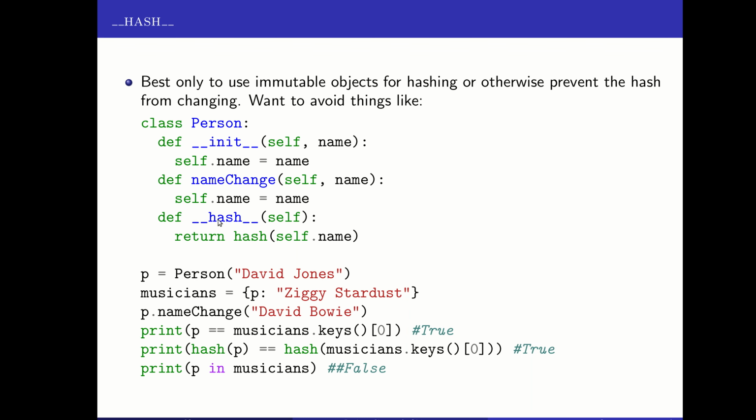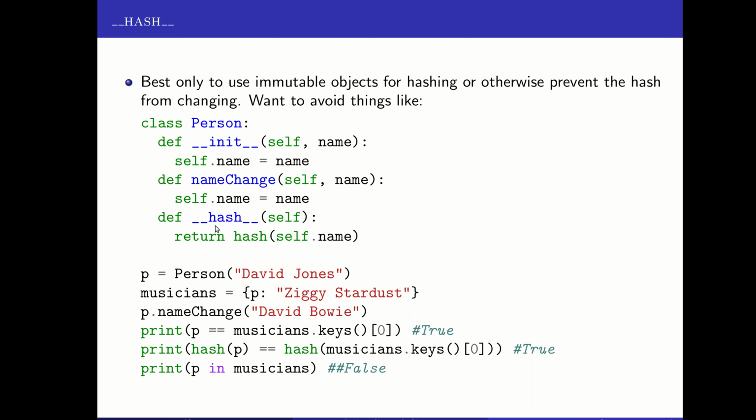So the better way to use hashing is to only hash on something that I know will not be able to change. So I should not have written a name change variable or a function. I should not have allowed the names to change for this person class, or I should somehow, for instance, store what the original name was, and that will just forever be their hash, or something like that.